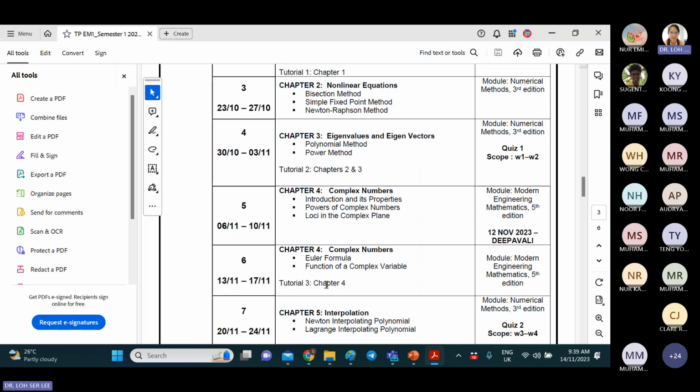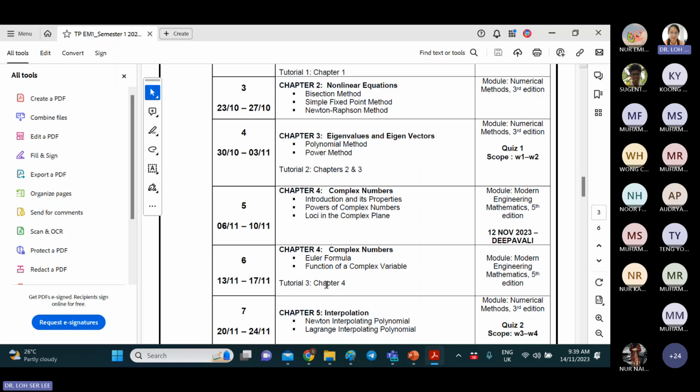Maybe I will just take the tutorial questions. Have you done the tutorial questions from chapter 1 up to chapter 3? Not yet. So maybe we will look at some of the tutorial questions to explain and revise.